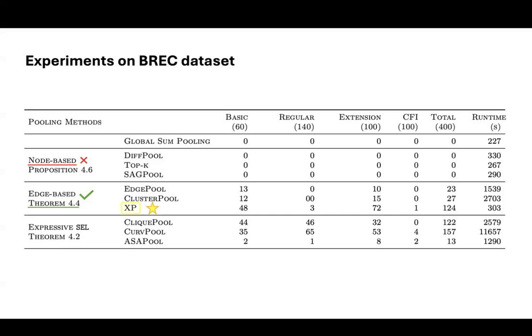XPool serves as a sort of proof of concept, in the sense that it shows how even simple operations can satisfy the expressivity increasing criteria that we derived from our theory. We can see that edge-based pooling operators are able to distinguish between graphs within the BREC dataset, and in particular, our XPool is able to distinguish a higher number of graphs within the dataset with a smaller runtime.